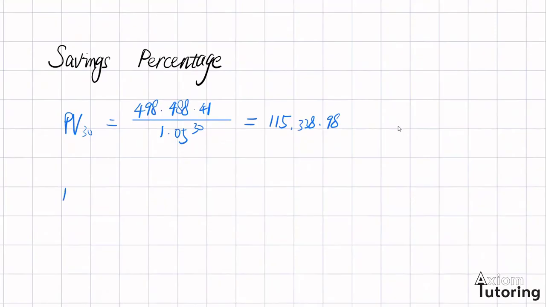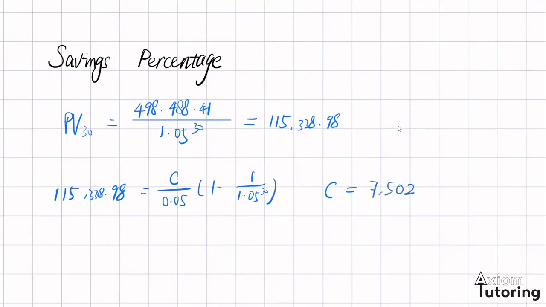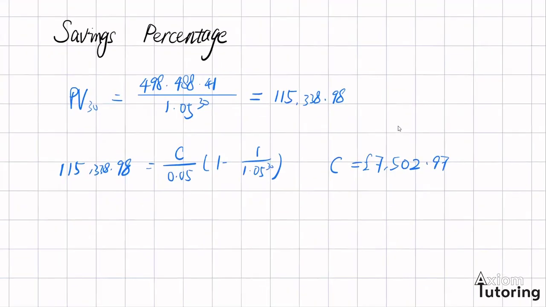So let's use 115,338.98 as the present value, and we're going to calculate the payments here. So this present value will be C over r, times 1 minus 1 over 1.05 to the power of 30. And this should give us C is equal to 7,502.97. So this should be my savings per year.